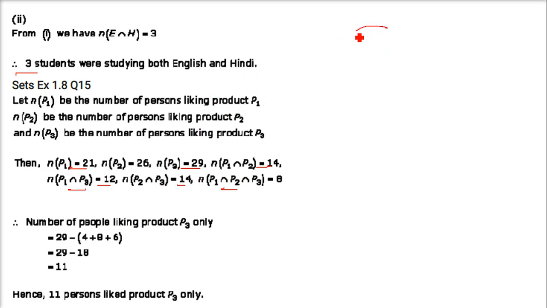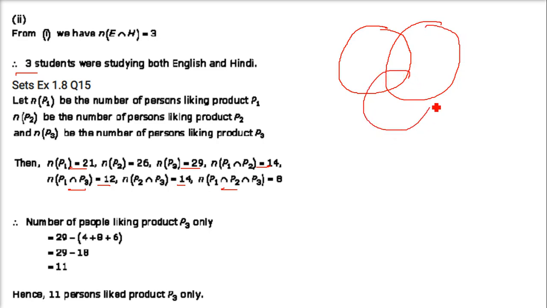Let us try to understand here. This is P1, this is P2, this is P3. Let me label the regions like this: A, B, C, D, E, F, G. So what do we get here? This P1 is total 21.